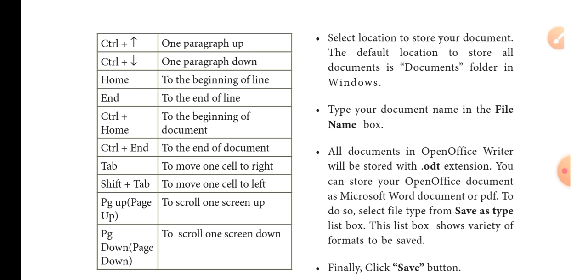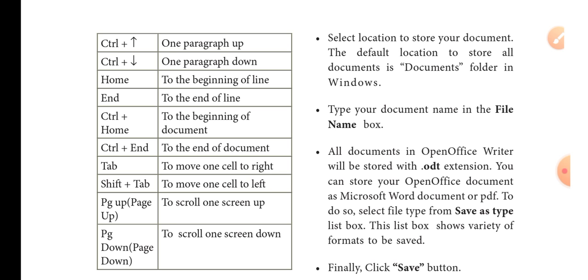You simply press the home key, and the insertion pointer directly jumps to the beginning of the line, that means the first letter. The same thing, the end key is used to move the insertion pointer to the end of the line. Wherever the insertion pointer is, you simply press the end button. At that time the insertion pointer moves to the end of the line, that means the last character of the line.